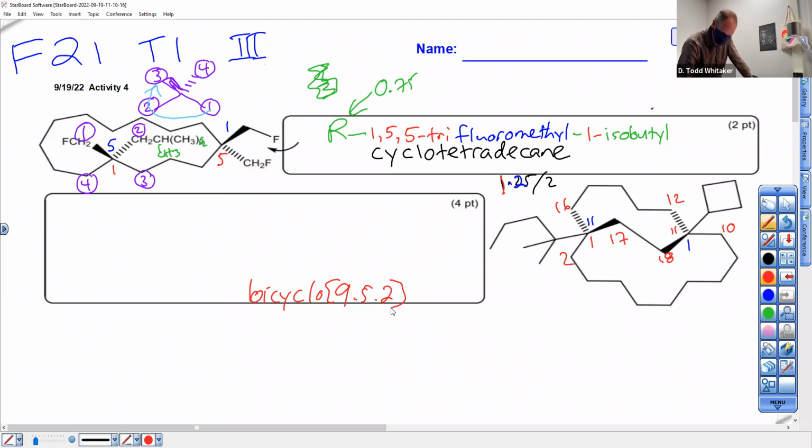Yeah. 14 plus 2, 16 plus 2 is 18. How do you say 18? Not with an H. How do you say 18? Octadecane. Yeah. My T doesn't look so good, does it?